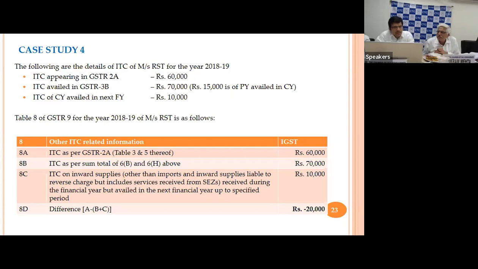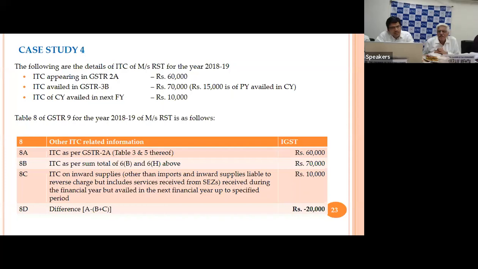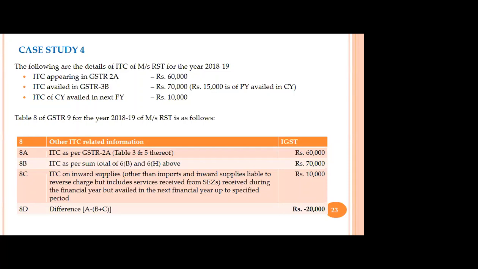So still, if one way of looking at it is that 70,000 will be reflected in 6B, the other is that you will show 55, fine. 55 plus 10, still there will be 65,000 as against 60,000 appearing in 2A, because 2A is normally for the year. It takes only the invoices of the year.